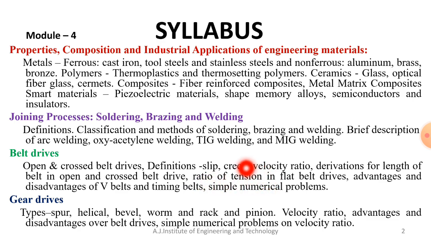Here you have to derive one more expression, that is the ratio of belt tensions. Then comes the advantages and disadvantages of V belt, which is one more type of belt, as well as another type of belt, the timing belt. Along with this, we need to study simple numerical problems.